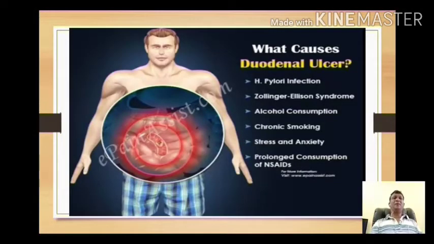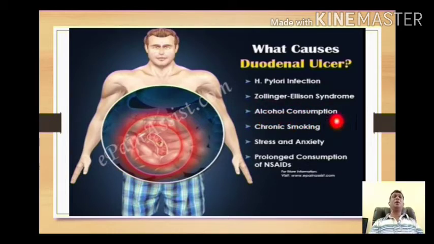These are some causes of the duodenal ulcer. The first cause is infection by a gram-negative bacteria which is called Helicobacter pylori. The other cause is the Zollinger-Ellison syndrome.